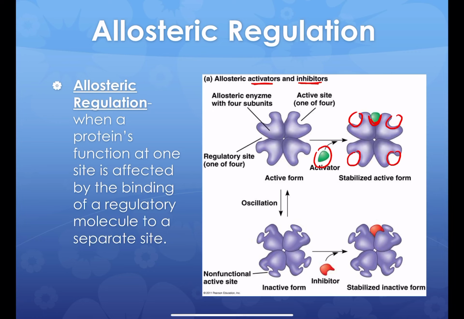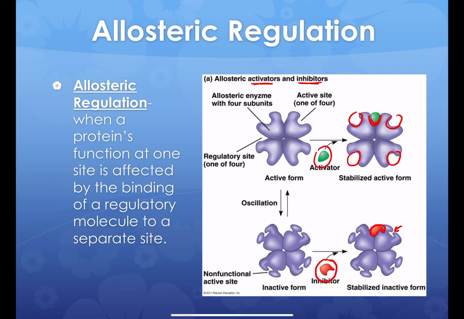It stabilizes them in an active form, okay? When an inhibitor binds, it stabilizes them in an inactive form. A substrate can't get in and bind there, and so that inhibits the enzyme and the substrate from working.